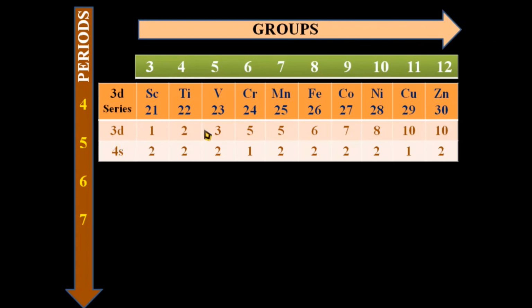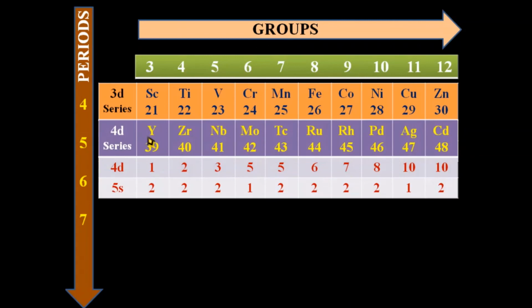These are the numbers of electrons present in the 3d orbital, and these are the numbers of electrons of each element present in the 4s orbital. Then the second transition series, or the 4d series, starts from yttrium to cadmium. Here the number of electrons of each element present in the 4d orbitals is given, and these are the numbers of electrons present in the 5s orbital.